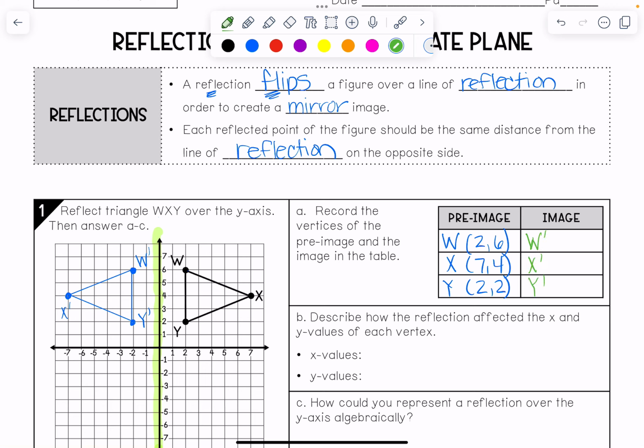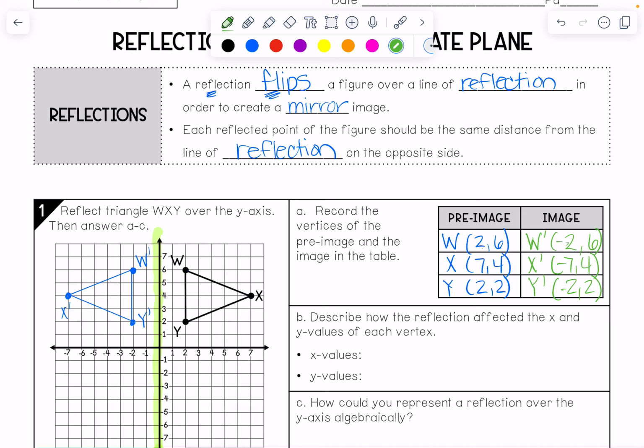So W prime is at -2, 6. X prime is at -7, 4. And then Y prime is at -2, 2. So if we look at what happened to our X values, I went from 2 to -2, 7 to -7, and 2 to -2.